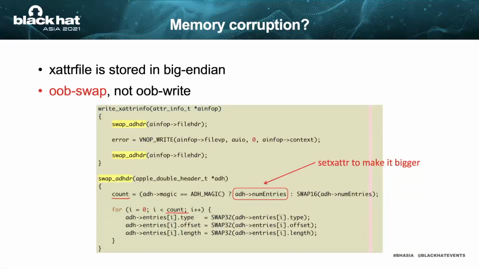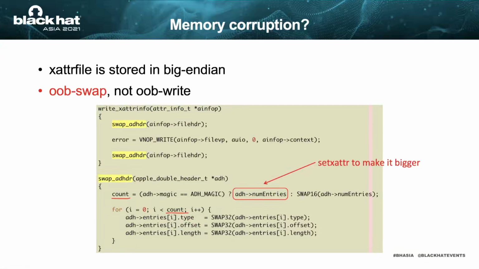Before and after writing the xattr info to the file, there is a swap AD header operation respectively. This function does something relatively simple: it performs a swap operation on some integers in the header, that is, converting the byte order of some integers. Why is there a swap operation there?